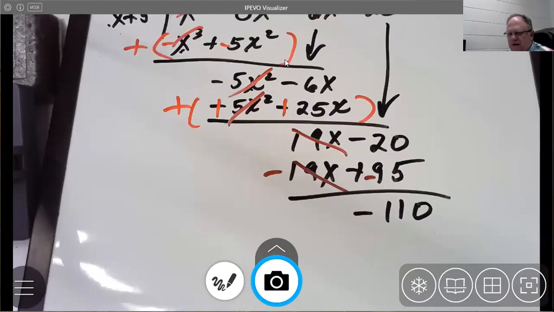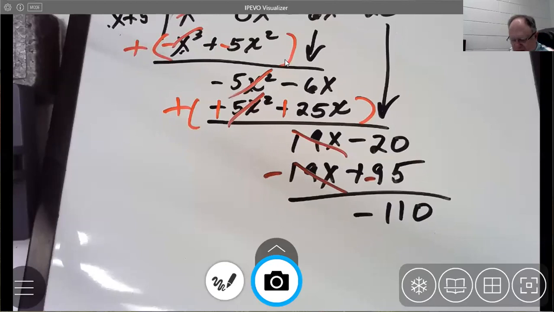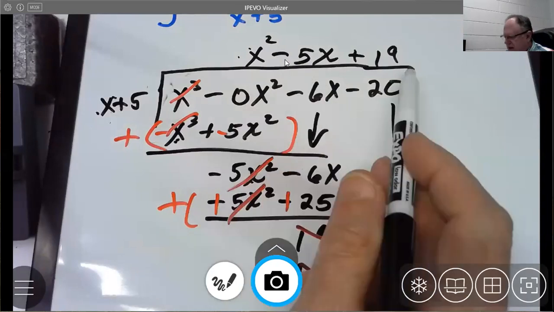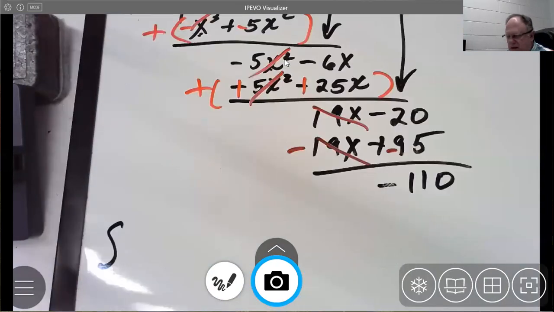Okay. So that means our integral is going to be x squared minus 5x plus 19.